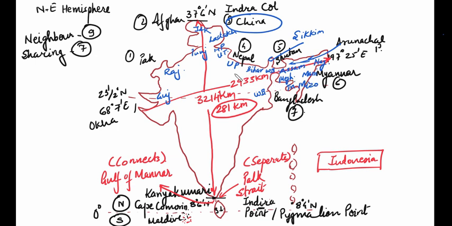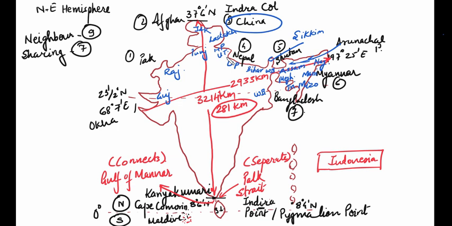Okay, a question may come that arrange the states which are sharing their boundaries with Nepal from west to east or east to west. So if east to west, then Sikkim, West Bengal, Bihar, UP, Uttarakhand. With which neighboring country are we sharing the maximum number of state boundaries? So it is again Nepal. Okay.